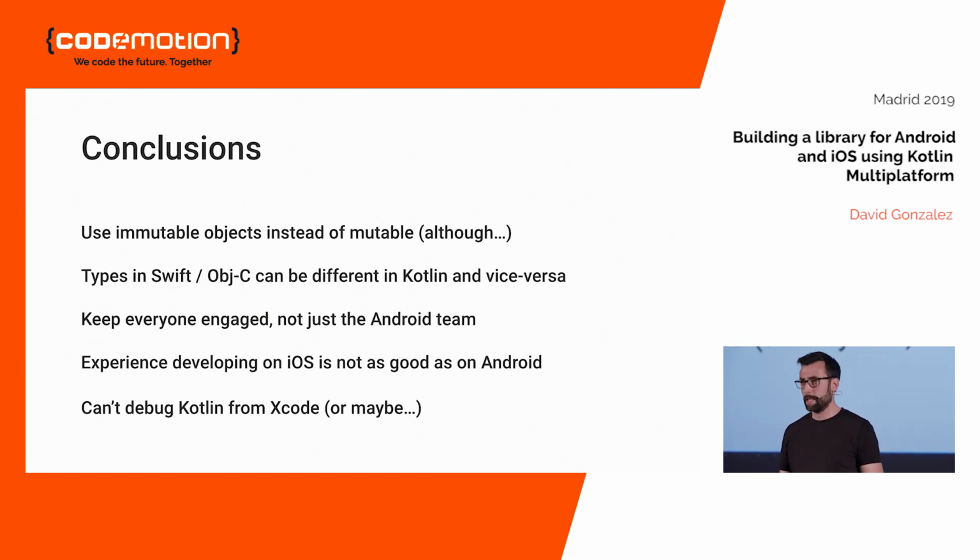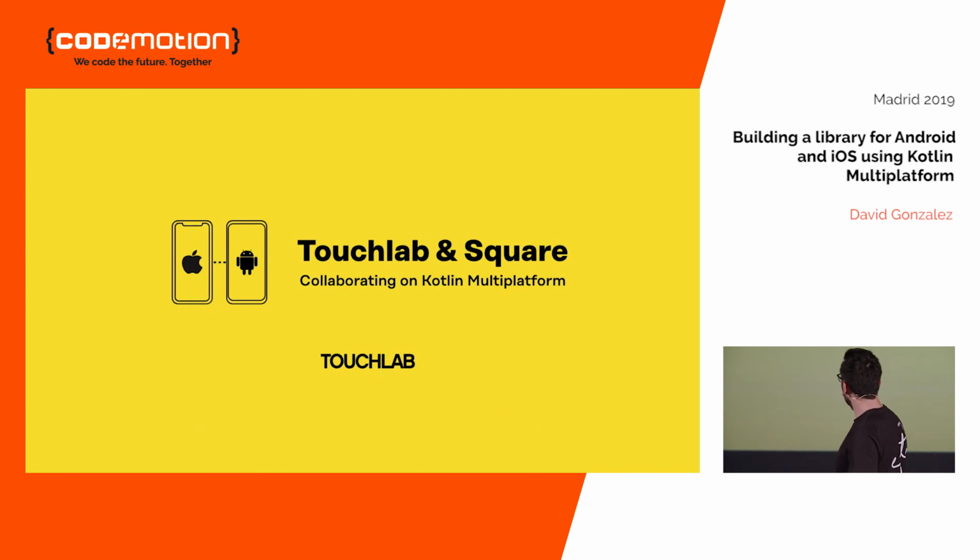But then a few months back, TouchLab, a company in New York, an agency with really smart people, and Square, also with a lot of really smart people, started working together, trying to make this multi-platform model a bit better.